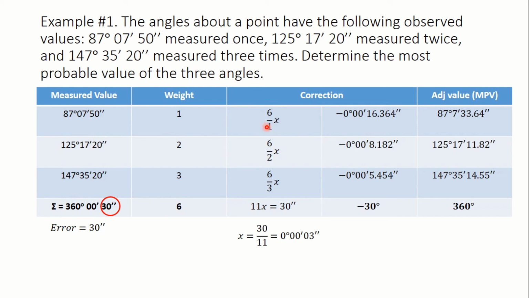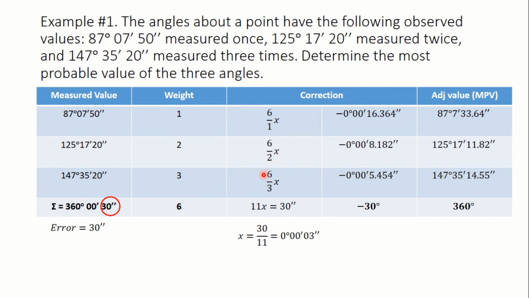Ito yung denominator. I-multiply natin sa factor na x. Kasi lesser ang weight, greater ang correction. So, 6 divided by this one times x.